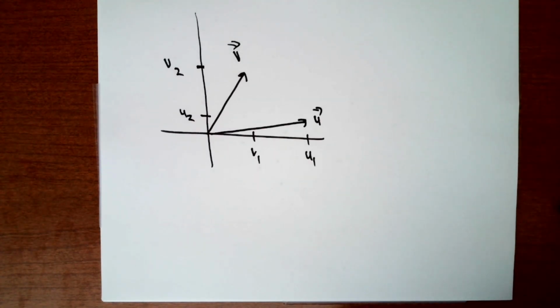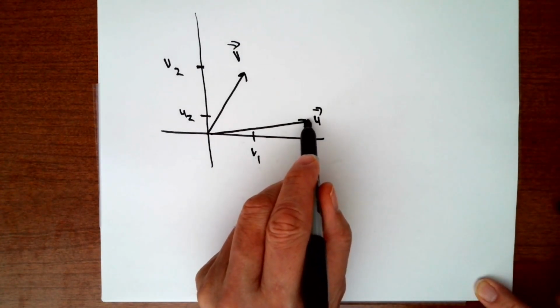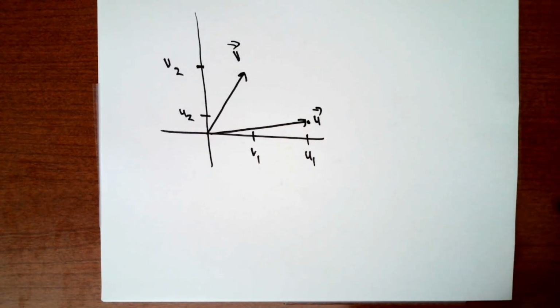In a similar way, I'll have vector u in standard position. Starting at the origin, I go sideways u1 and up u2 in order to go from the initial point of view to the terminal point of view. The coordinates of this point, the point at the end of vector u in standard position, is x equal u1, y equal u2.